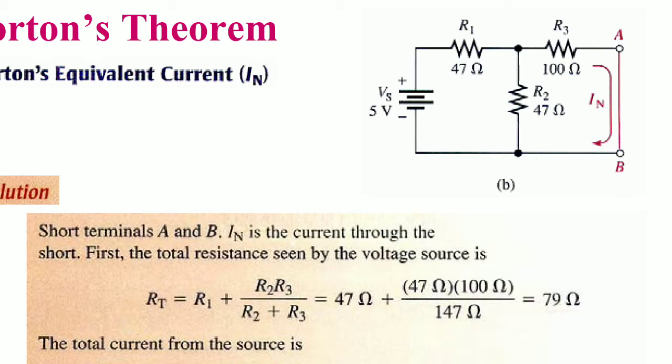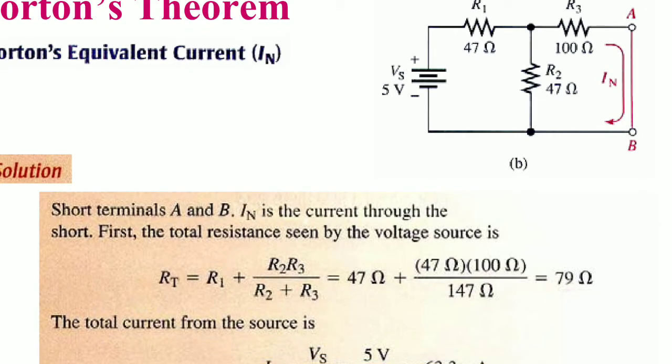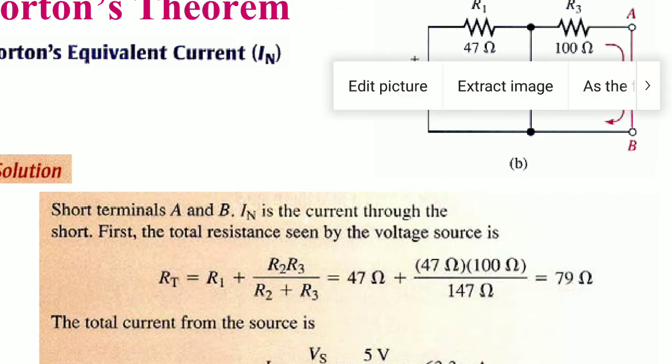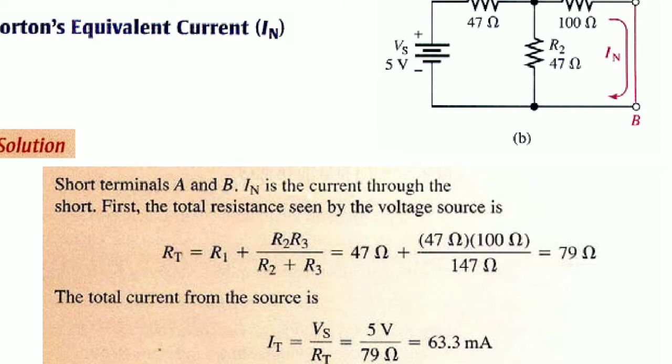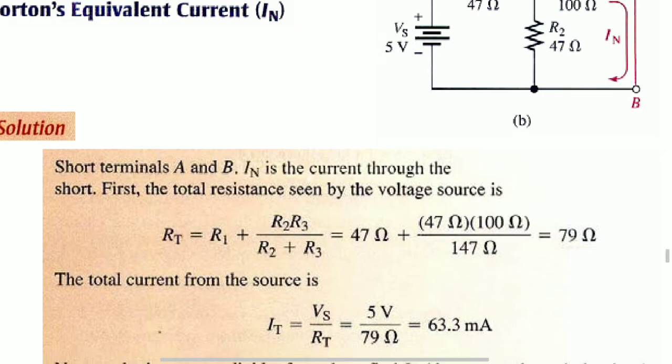So 47 ohms plus 47 into 100 divided by 147 ohms, which gives 79 ohms. The total current from the source is IT equal to Vs by RT, that is 5 volts by 79 ohms, that is 63.3 milliamps. That is the total current from the source.